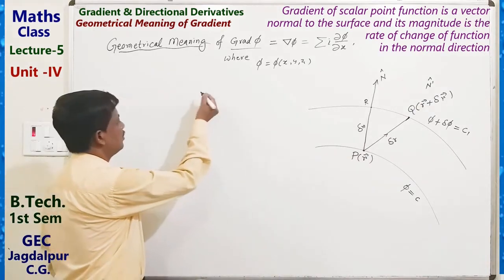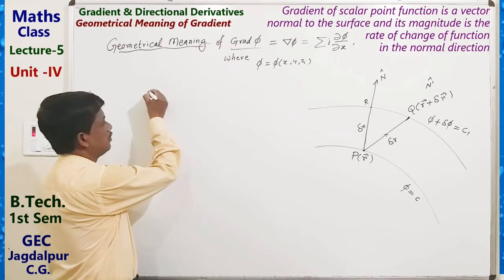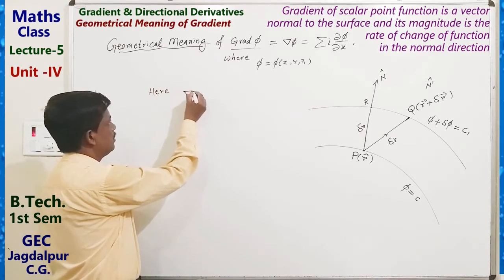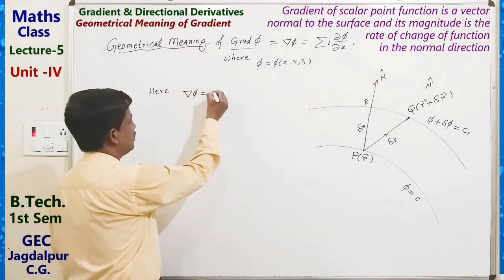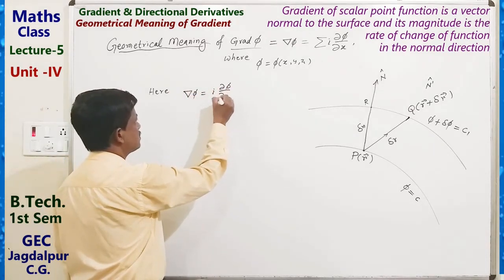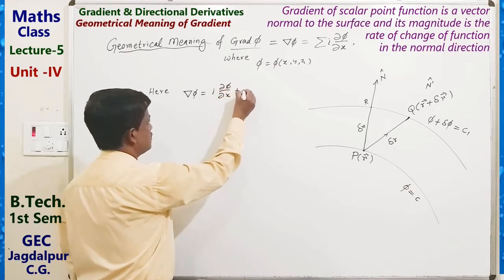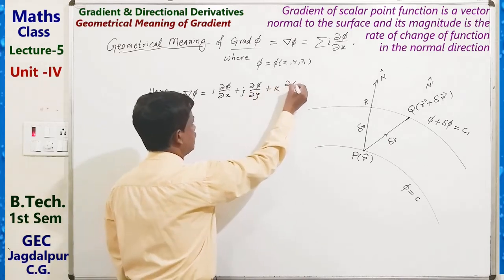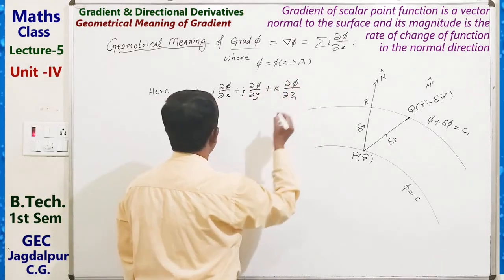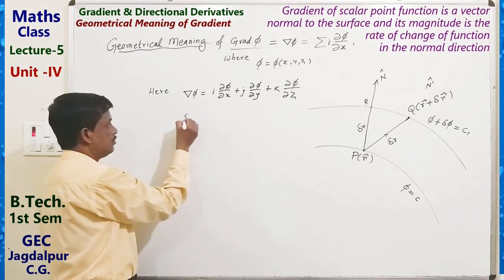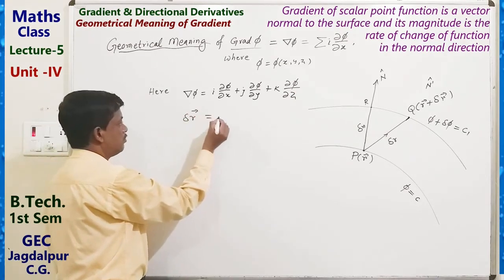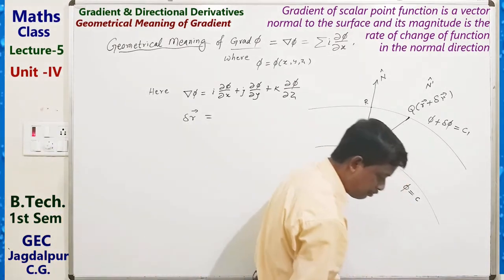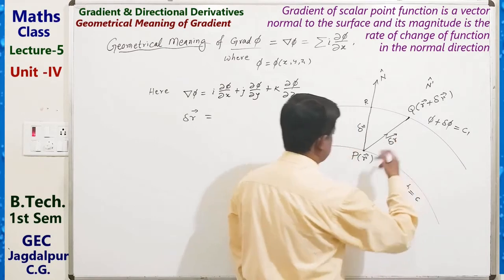Now, here del phi is equal to what? i del phi by del x, j del phi by del y, k del phi by del z, and vector delta r, this vector. Okay, vector delta r in this direction.